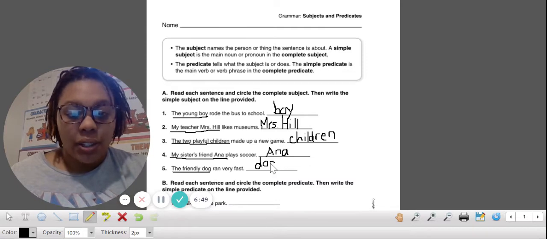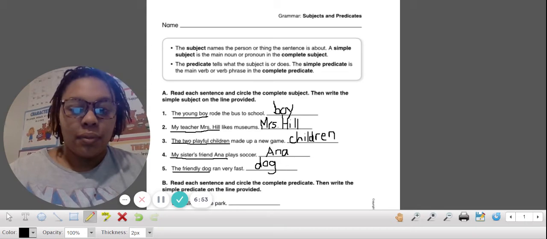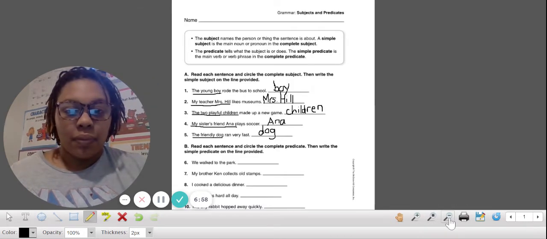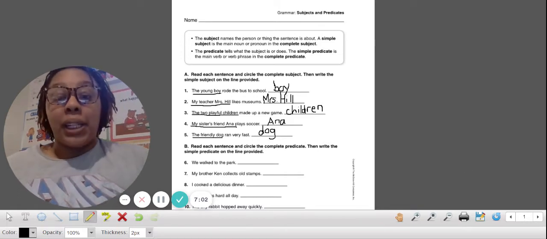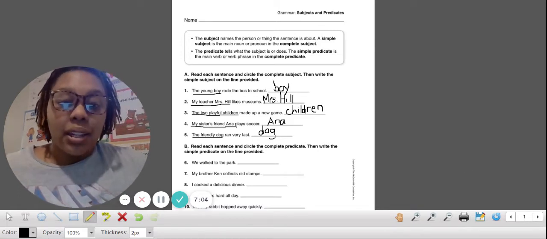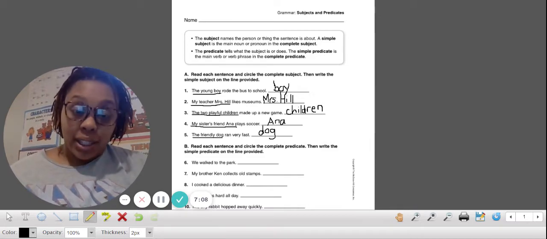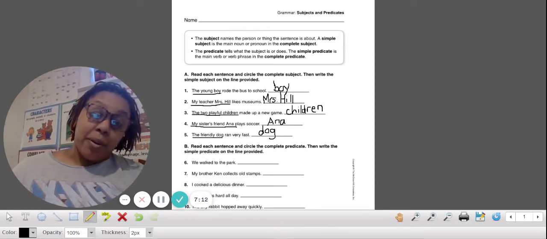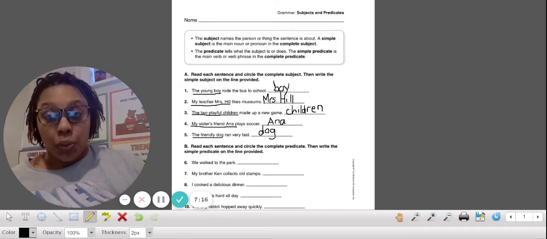Okay, so on to section B. Read each sentence and circle the complete predicate. Then write the simple predicate on the line provided. So this is where we are going to figure out not who the sentence is about, but what is the subject doing.